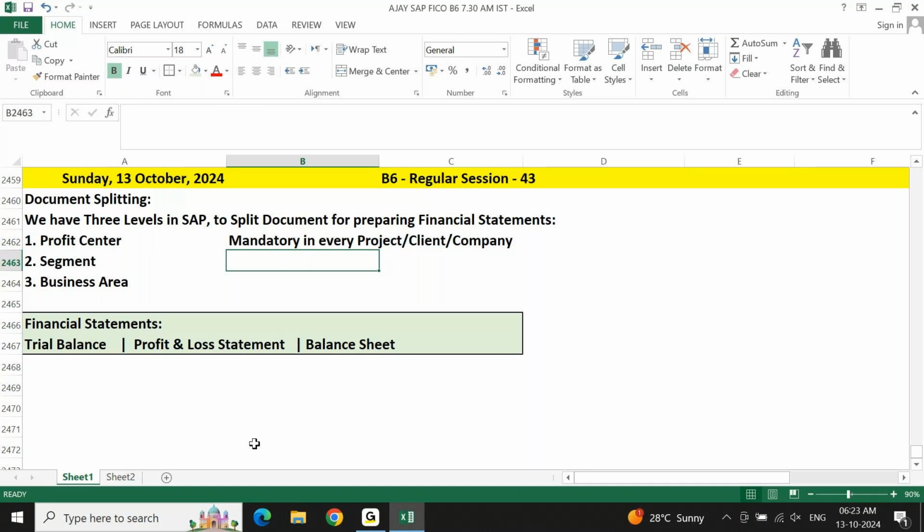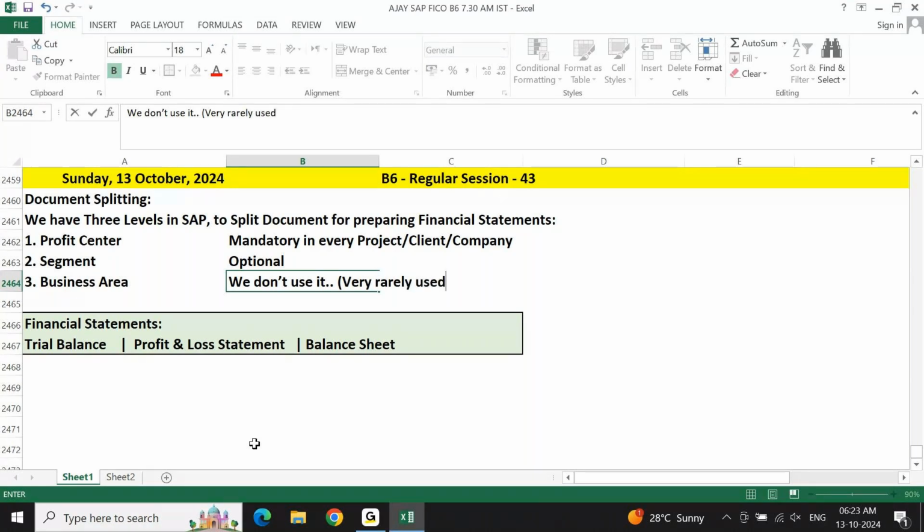By default, profit center setting at document splitting is mandatory. Segment is optional. Business area, we don't use it. This is very rarely used, so as it is very rarely used, you can ignore it.